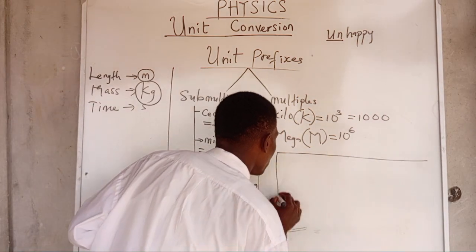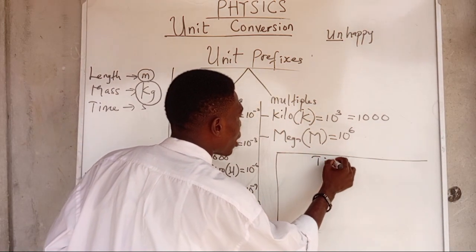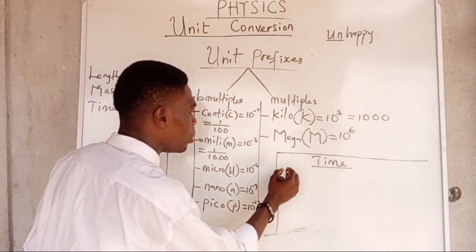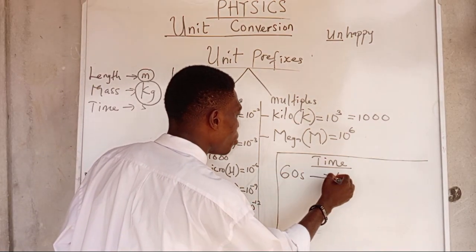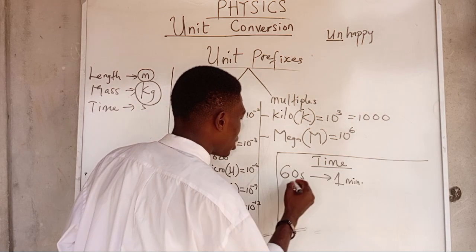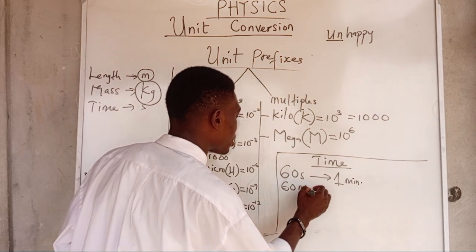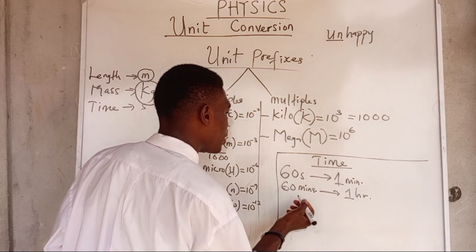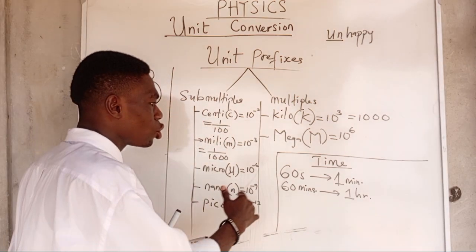However, for time, let me give you for time. For time, I believe everybody will be very conversant with this. We know that 60 seconds make 1 minute. Then we know that 60 minutes make 1 hour. Then 24 hours make 1 day. Yeah, and so on.